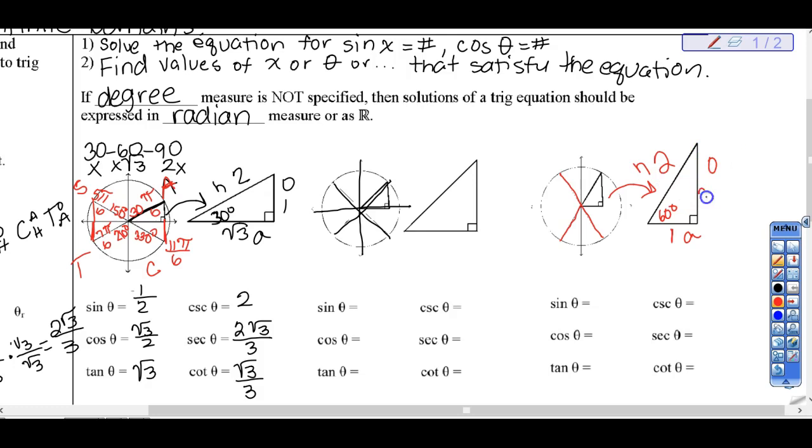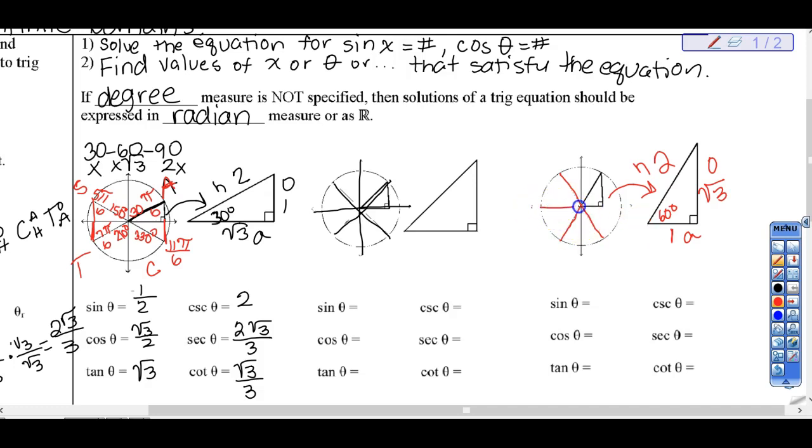And so the opposite will be the square root of 3. So you can see it's the same triangle, right, as the 30, 60, 90, but now my reference angle is 60 degrees instead of 30 degrees. So the opposite and the adjacent switch places, which means the sine and the cosine switch, they're cofunctions. 30 and 60 degrees, complementary angles.